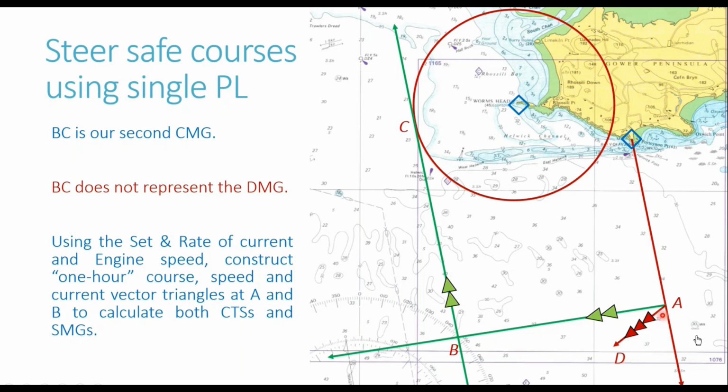So the length of this vector Alpha Delta is the rate of the current or the drift of the current in 1 hour. Now we have our engine speed. So we know what distance we are going to cover in 1 hour. So we open up our compass equal to the engine distance of 1 hour.